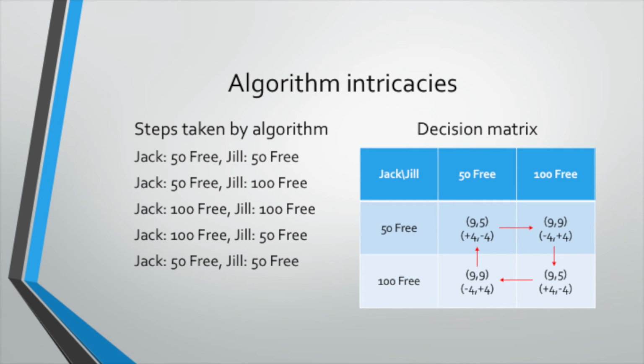Now, Jack can move to the 100 free and beat Jill, and then Jack would still get his 9 points, but Jill would lose 4 points. So, in relation, Jack would be up 4 points. Now that they're both in the 100 free, Jill should move to the 50 because Jill can win that event. And then Jack moves back to the 50 because Jack can beat Jill. And so the cycle continues.